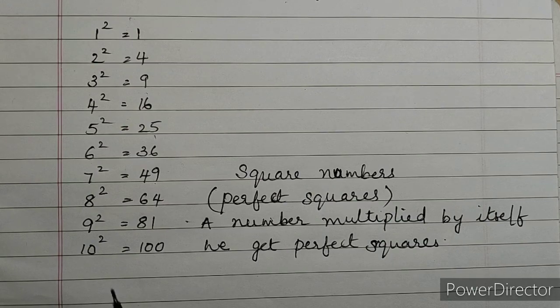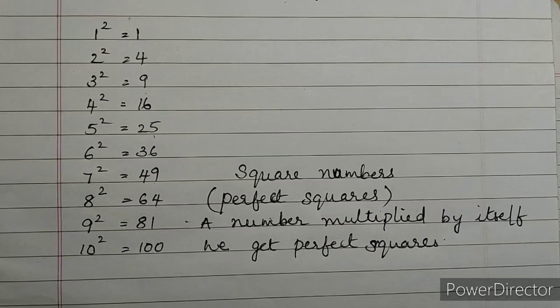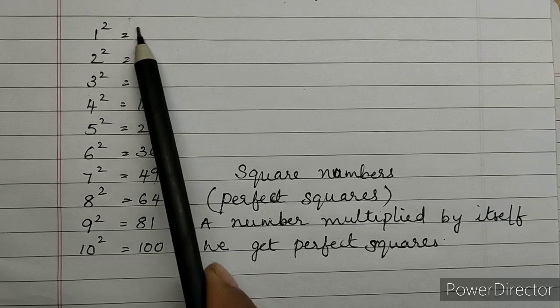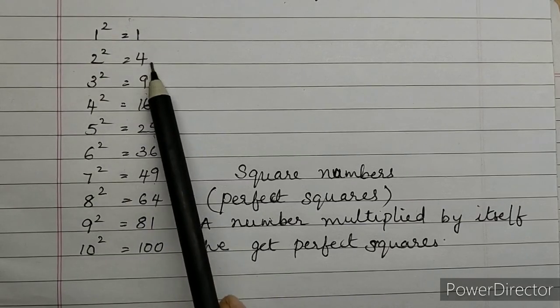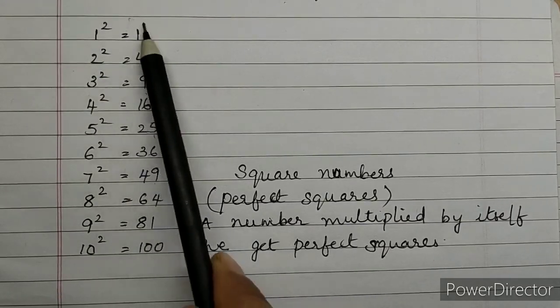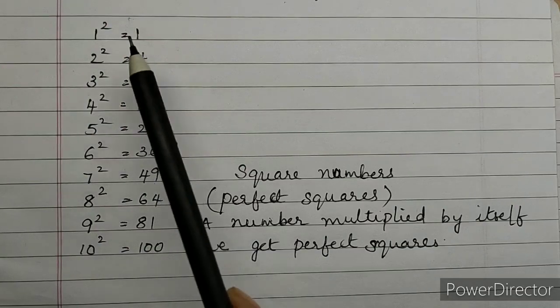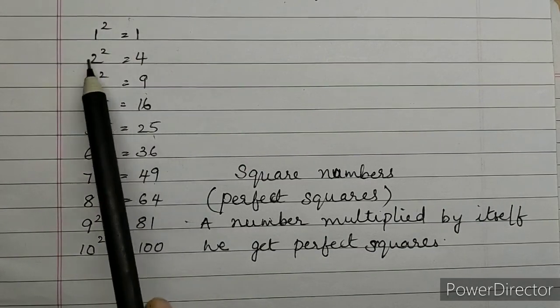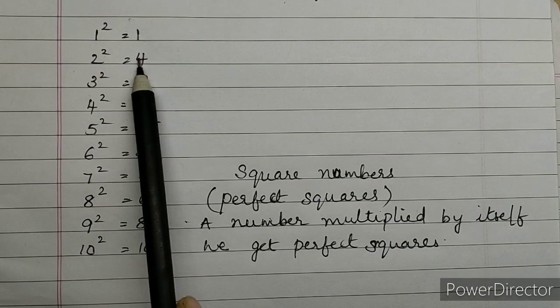Non-perfect square numbers are the numbers which are not perfect squares. Where do they lie? If you closely examine the continuous perfect squares right from the beginning, that is 1, 4, 9, 16, etc. 1 square is 1, 2 square is 4.